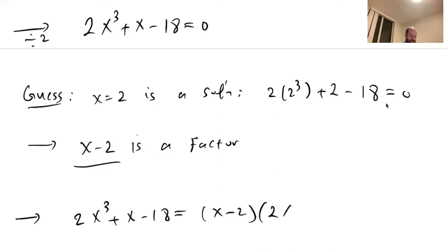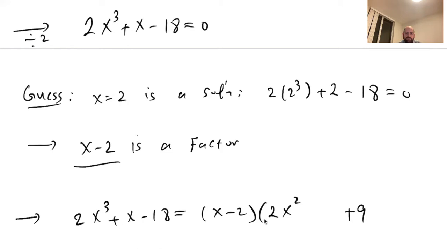What should be the other factor? We can do the long division, or you can guess. The first term should be 2x squared, because I need to get 2x cubed. The constant term should be plus 9, because plus 9 times minus 2 will be minus 18.